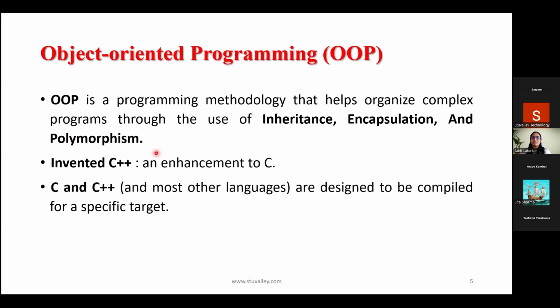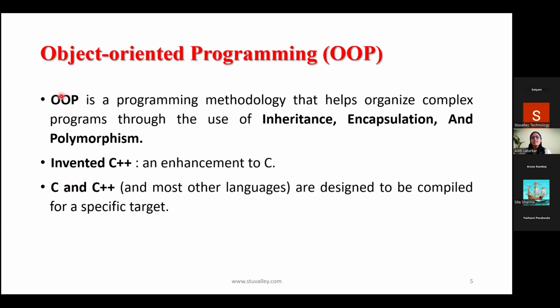These 3 principles of object-oriented programming were added into the C++ language. So it is nothing but an enhancement to C. It is the C language itself, but with the object-oriented programming principles added into the C structure. Okay, so the C++ language was invented with these programming methodologies.